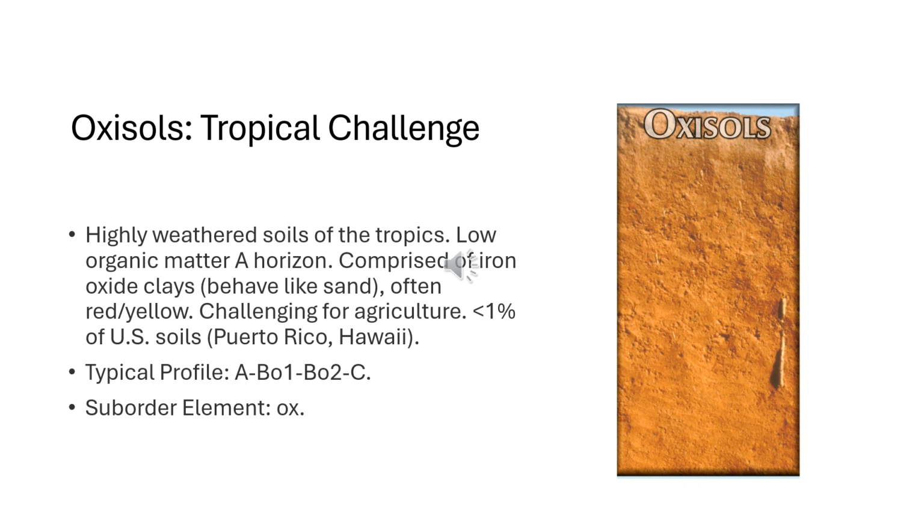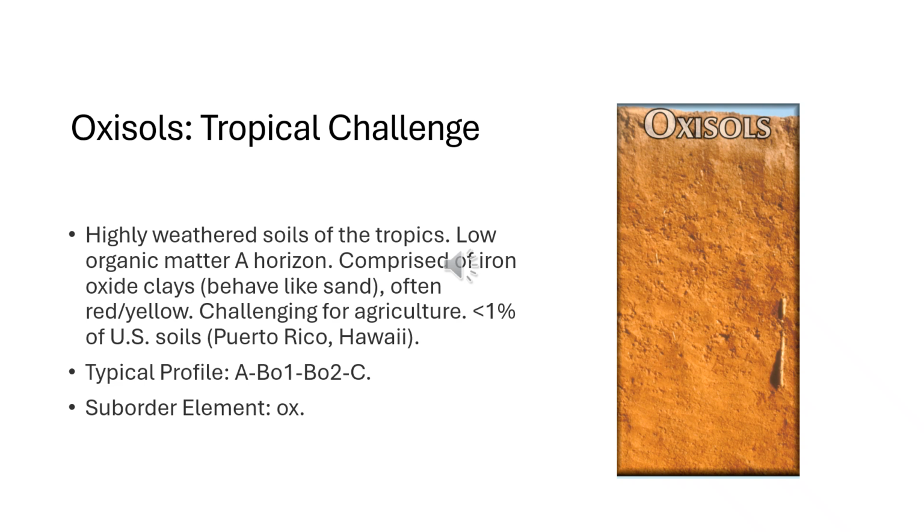Oxisols are at the other end of the spectrum in terms of weathering. They are highly weathered soils of the tropics, opposite of the aridisols. Their A horizon is very low in organic matter. It is largely composed of iron oxide clays, giving them a characteristic red and yellowish color.